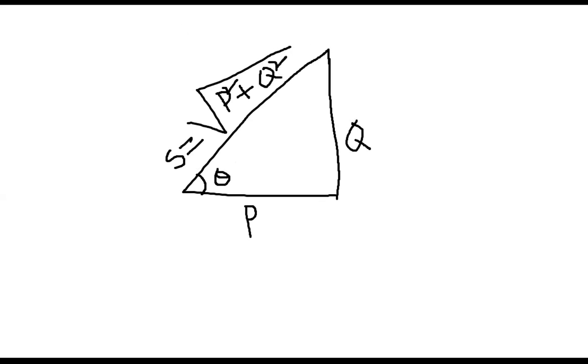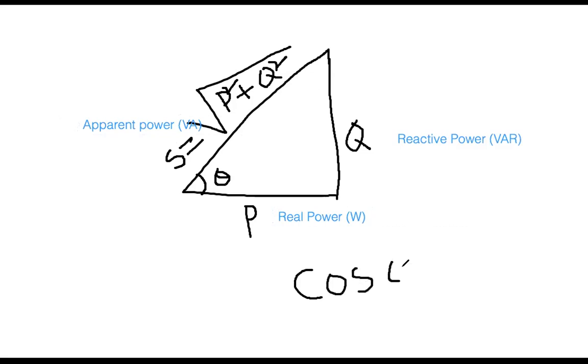This is called reactive power, Q. P is called real power, and the unit is watt, that you all know. This S is called apparent power, and the unit is volt ampere. And this theta gives the power factor. So this is cos theta. Cos theta is power factor.